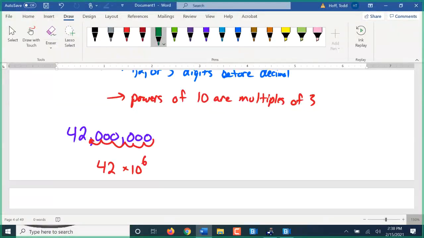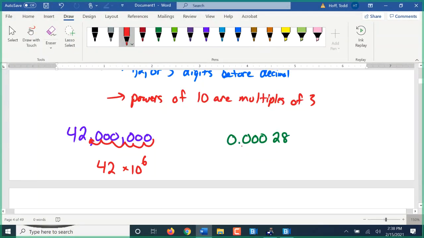So basically, I have to move my decimal point 3 spots at a time. When I'm going the other direction, I have to be very careful. It can be a little bit confusing here. I have 0.00028. I start out moving my decimal point 3 spots, 1, 2, 3. And it looks like that's as far as I can go. However, I have to go 3 more, because right now, all that's in front of my decimal point is zeros.